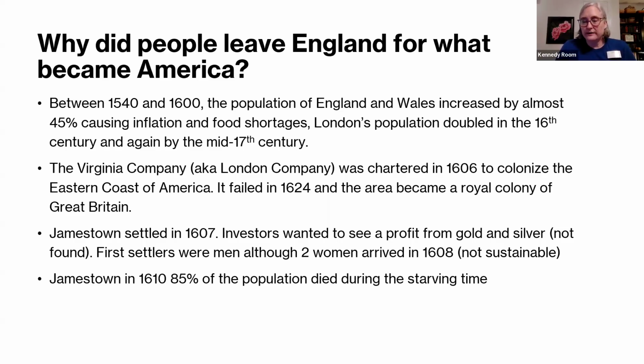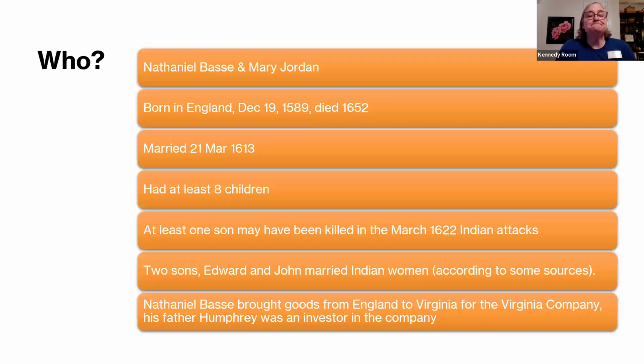So, what induced my ancestors to go? Well, I'm still working on double proving all of the line, but one set of my purported ancestors is Nathaniel Bass and Mary Jordan.